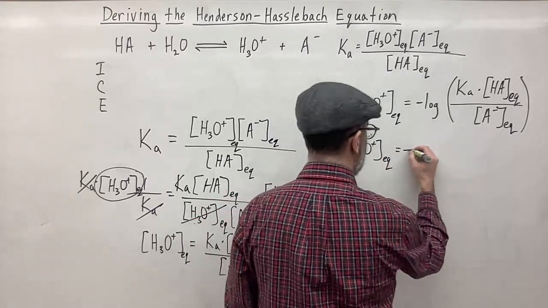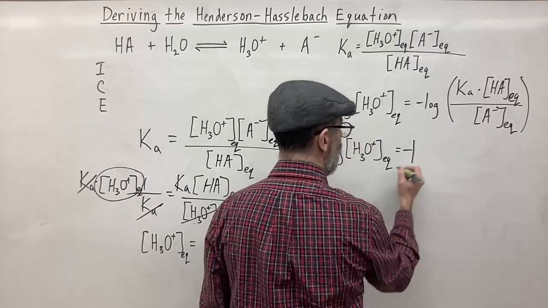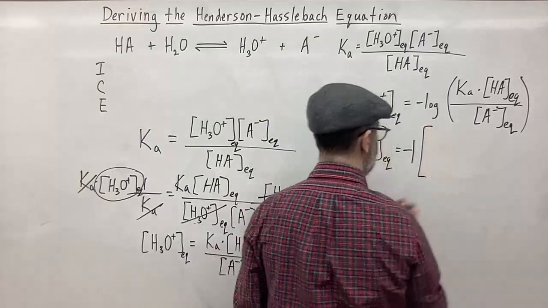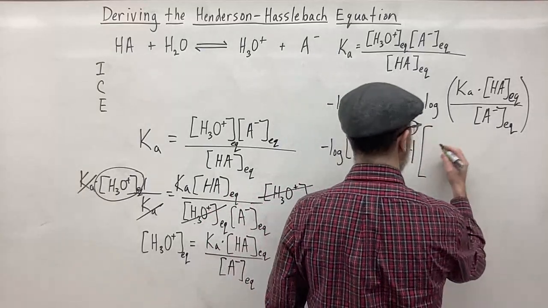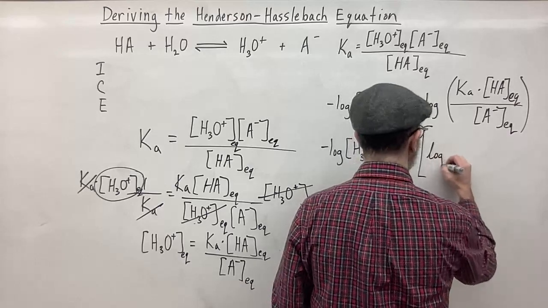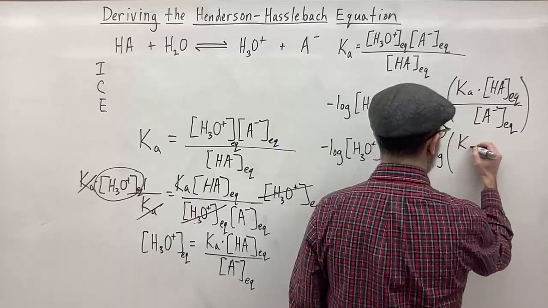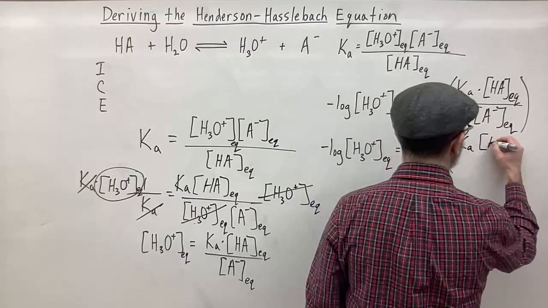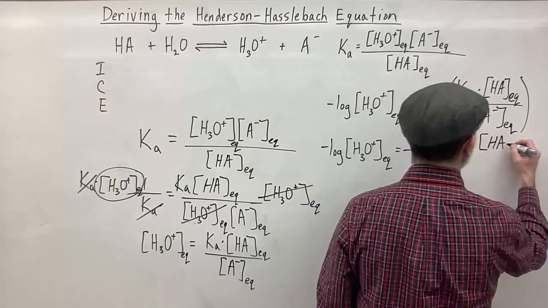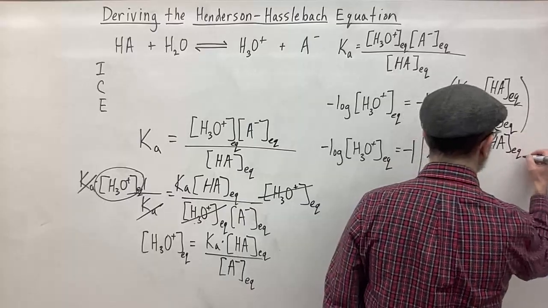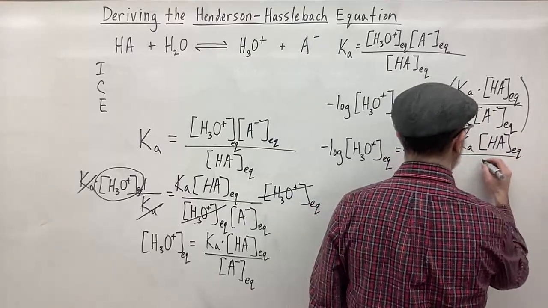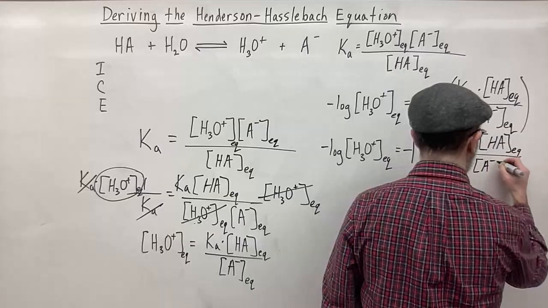That's going to be equal to, and I'm going to take that -1 out and put that in square brackets. And I'll show you why I do that in a moment. So I'm going to do log of Ka times the concentration of HA at equilibrium over the concentration of A-.